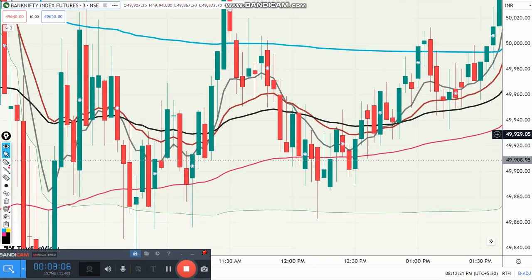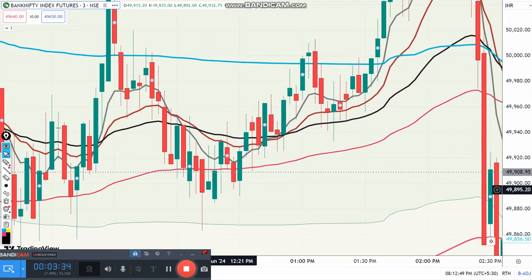Actually here at this point 21 EMA crossed the 50 MA and there was a candle, but it was too far from the crossover point. It went into the 100 EMA here, and there was another candle after this point, but because of the VWAP band it reversed back into the band.